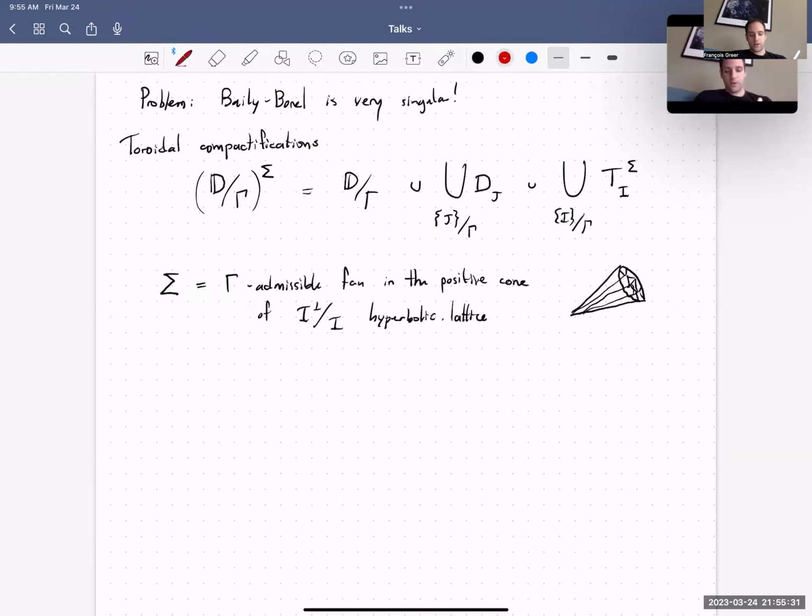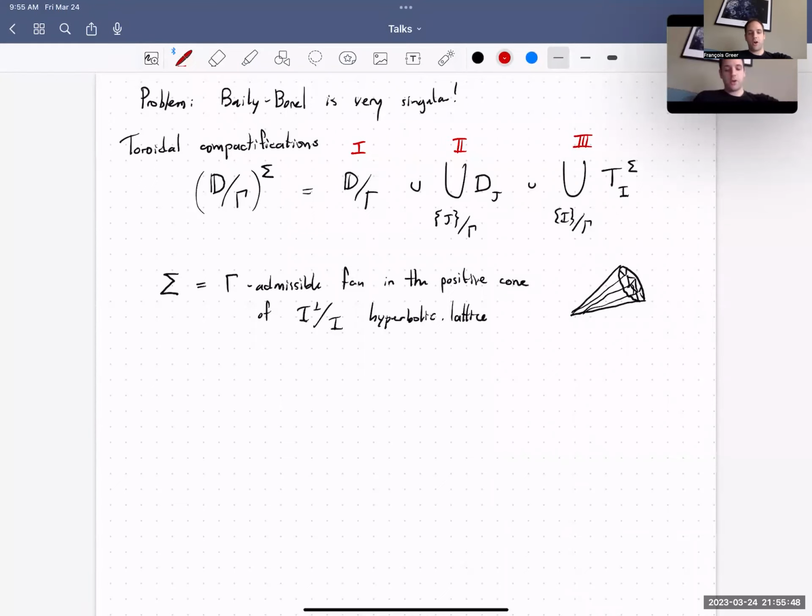Very useful terminology is people have referred to the interior of the period domain as type 1. Then the first type of boundary is type 2, and the deepest part of the boundary is type 3.